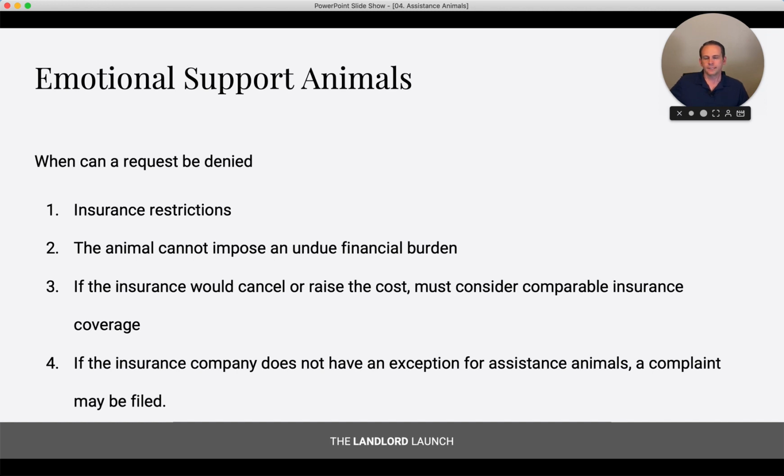Now, another common one is the thought that insurance restrictions based on vicious breeds can be a reason to deny. And to a certain degree, that's true, except that you have to take another step or two here. There's a couple things that you will have to do with that.